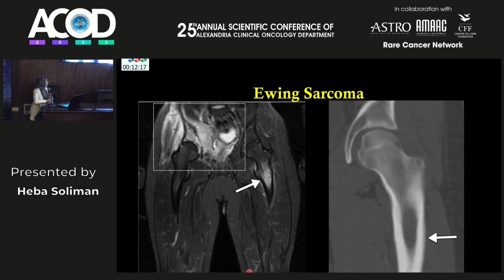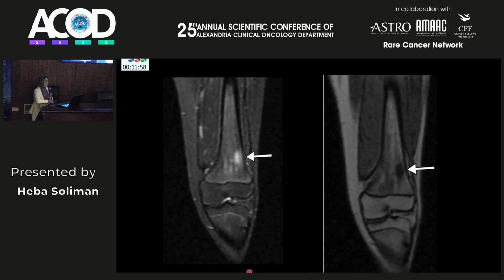This is a case of Ewing sarcoma. The primary was in the right iliac bone, and the whole body MRI showed the bone marrow infiltration of the left proximal femur, which was barely perceptible on the CT. In the same case, it also showed another focal bone marrow infiltration of the distal femur.